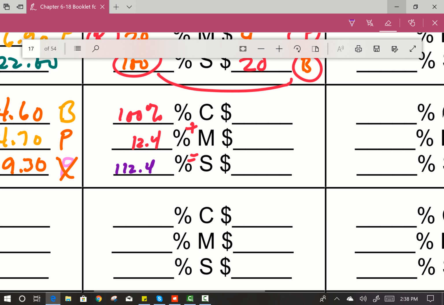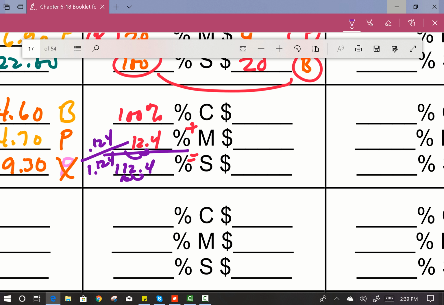Okay. Then to determine what that same equivalent markup would be in selling price, I am going to divide 12.4% by 112.4%. I'm going to move the decimal point 2 places to the left to make it 0.124 divided by, move this one 2 places to the left to make it 1.124.